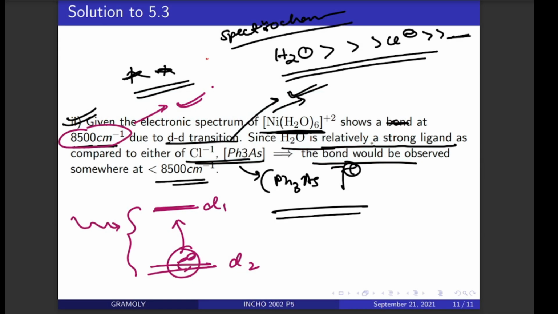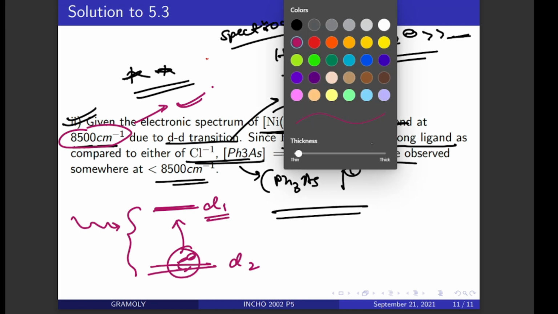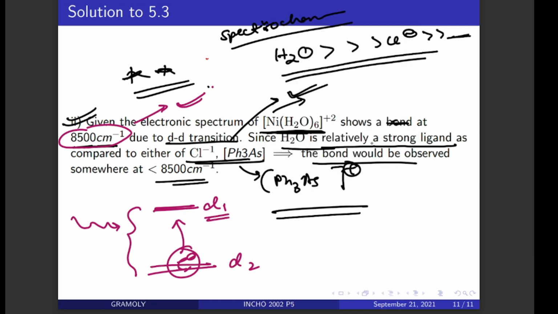But when we change the ligands, this gap would be affected. If we alter the surroundings of the complex, then the gap energy would change, and subsequently the energy needed would change. Let's say we are using a strong field ligand. It would increase the energy gap, so the energy required would go up, and the frequency would go up.